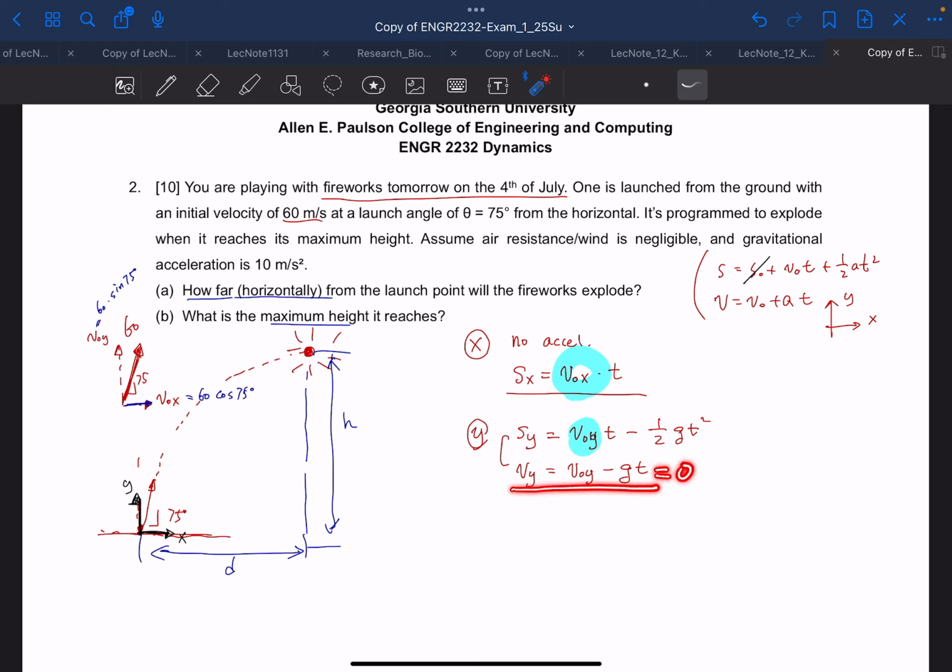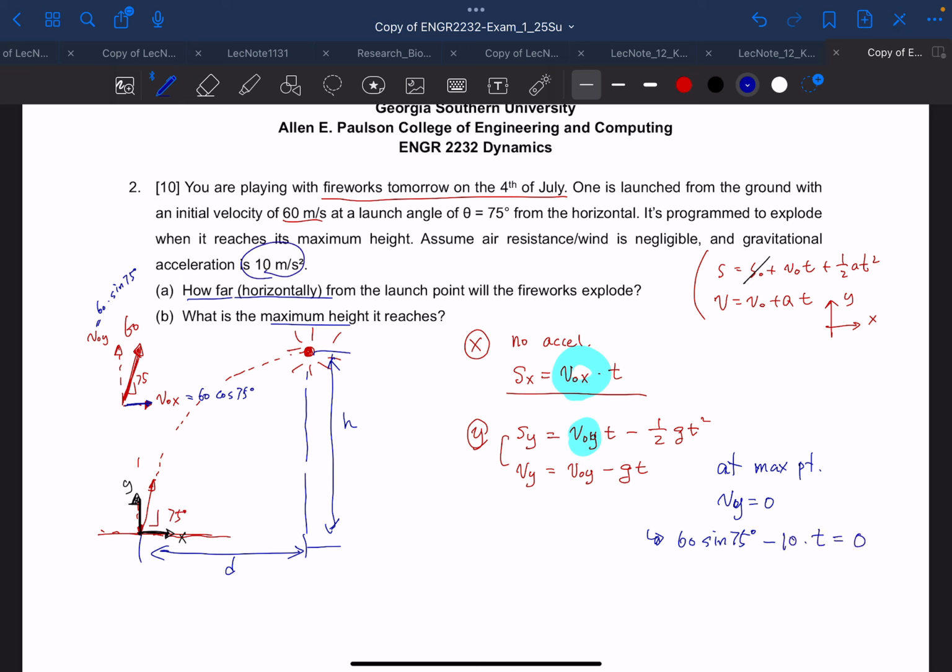So at the max point, vy is 0, so 60 sine 75 degrees minus g, which we assume is 10, times t is going to be 0.